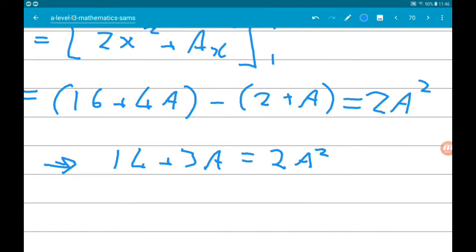So we can get this down to 2a squared minus 3a minus 14 is equal to 0.